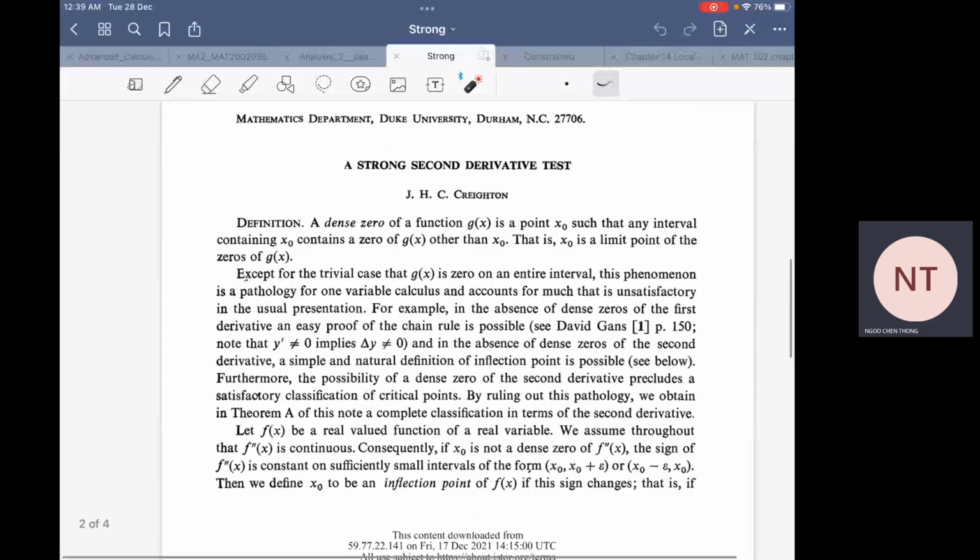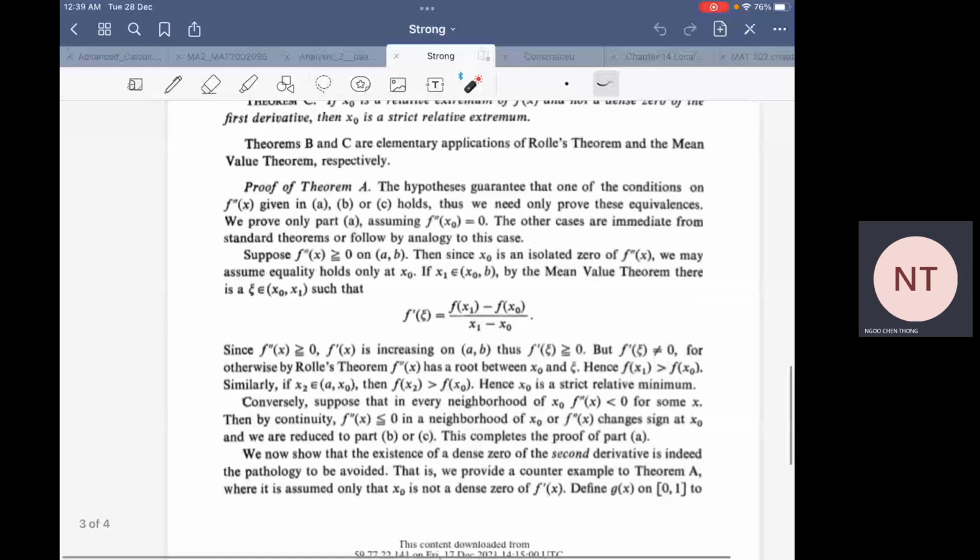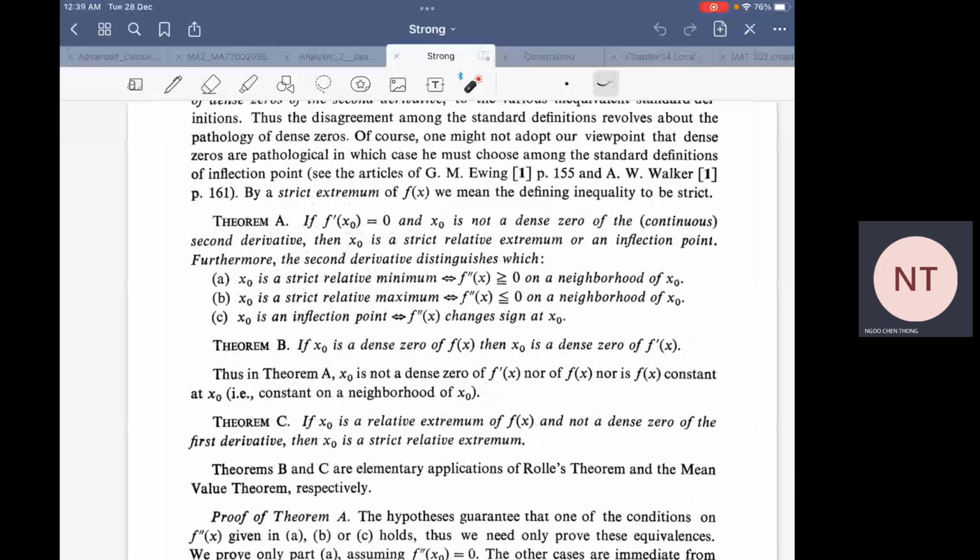But here is the second derivative test. Okay, if f prime, actually we can see that this is the gradient function equal to 0, and here is another condition. Then we see that x0 is a strict relative minimum if and only if the second derivative is larger or equal to 0 inside the neighborhood of x0.